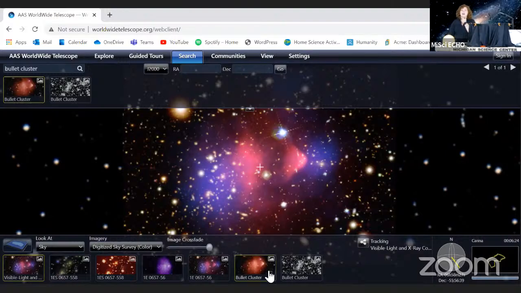This bullet cluster was discovered quite a few years ago. And we were, again, able to see it in visible light. Okay, there's all of our mass, there's all of our visible light. And X-ray, so that we can actually see where the matter or the mass of this is originating.